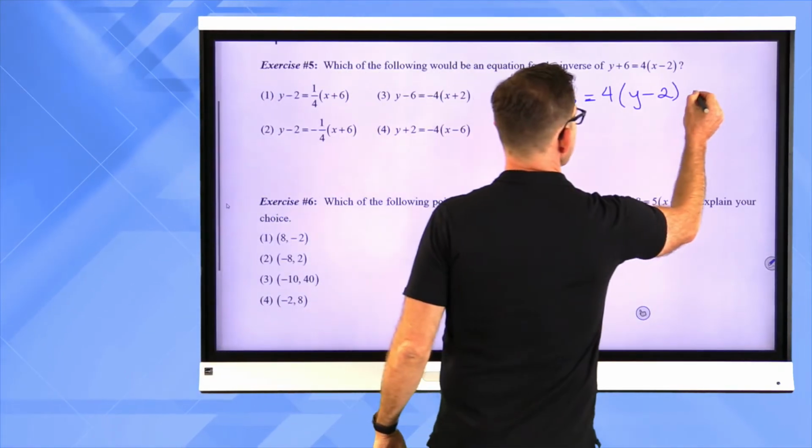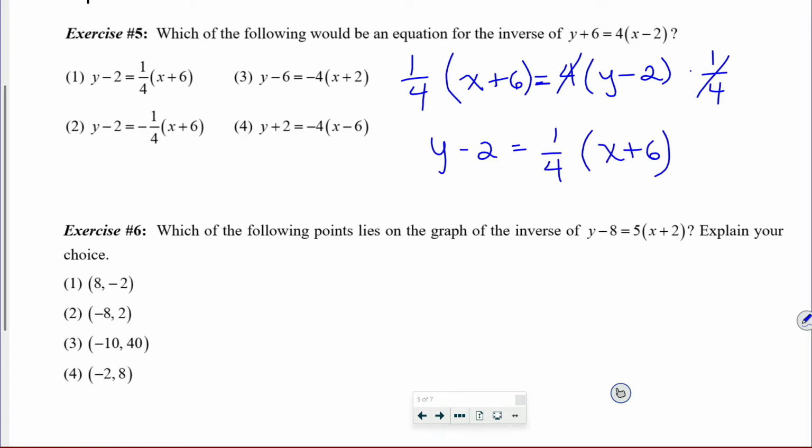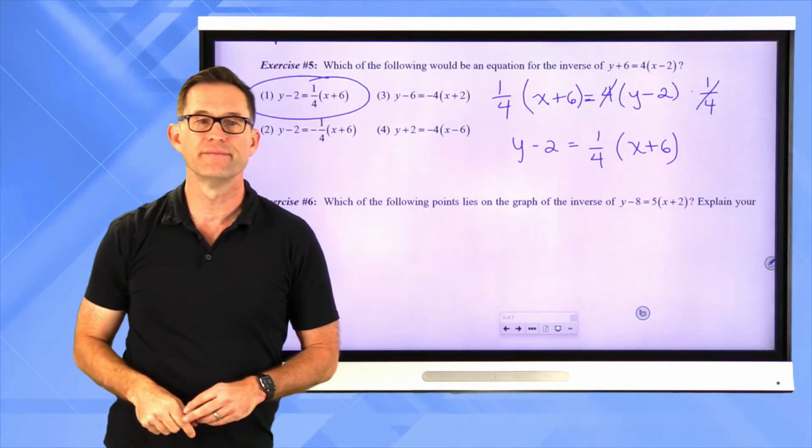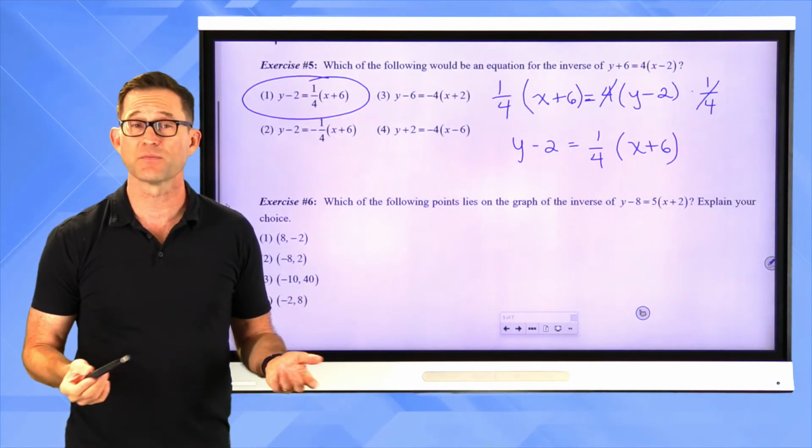So what I'm going to do is multiply both sides of this equation by 1/4. And that's going to give me y minus 2 is equal to 1/4 times x plus 6. And that is right here. y minus 2 is equal to 1/4 times x plus 6.